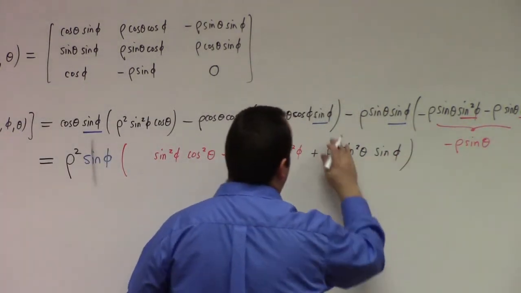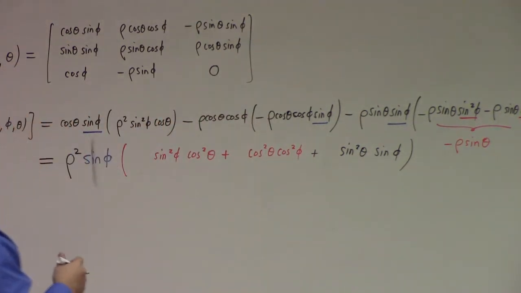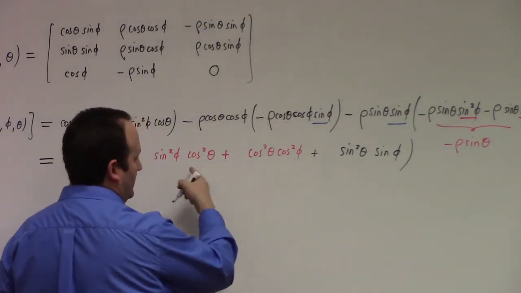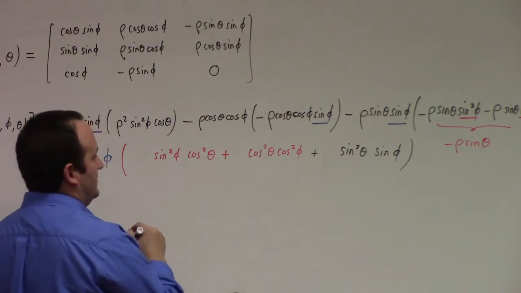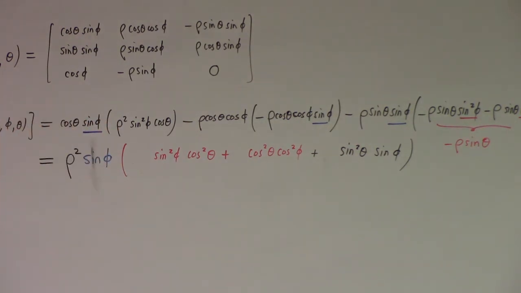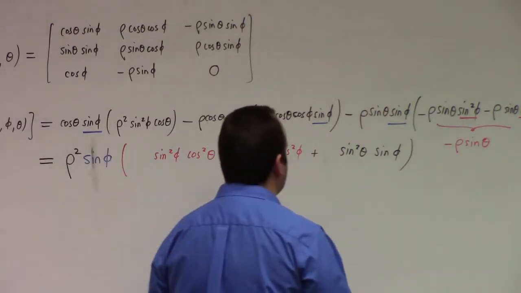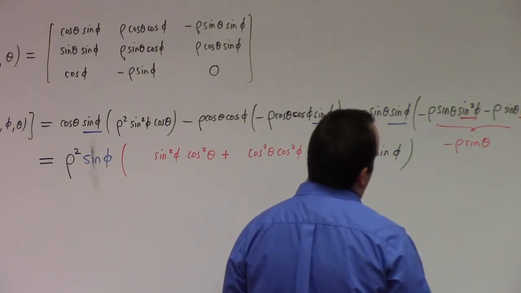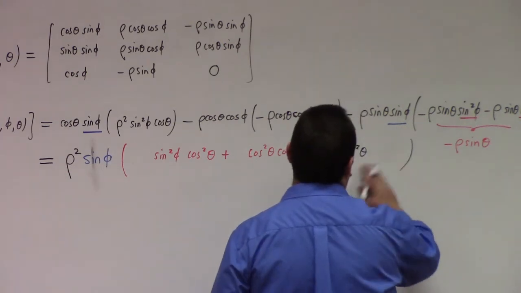Oh, no rho, sorry. It's awful. Actually, the last term there's no sine phi either. It's sine squared theta. It's rho squared minus, thank you.